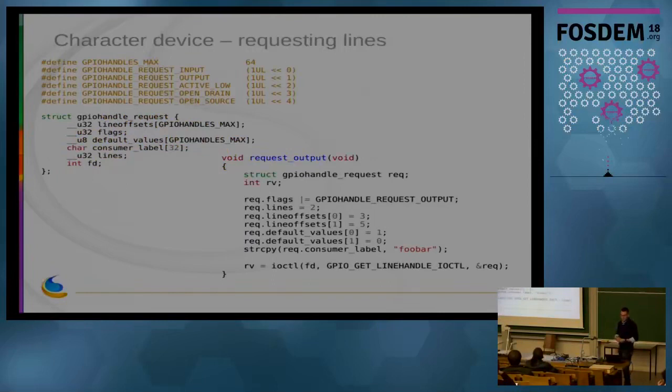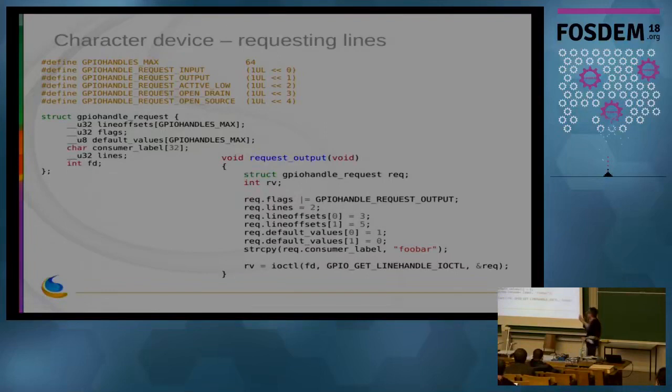So this is a bit more complicated. This is when we request a set of lines for setting or reading values. We have a structure, and in the flags variable you specify the mode in which you want to work.